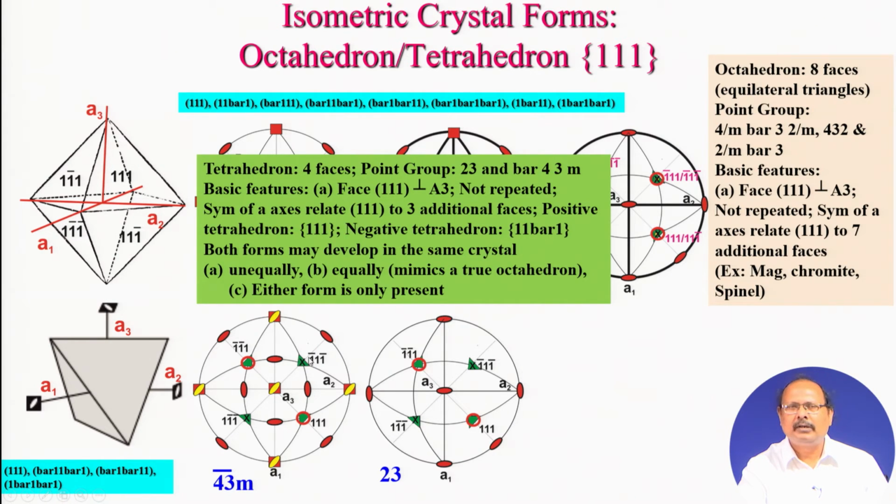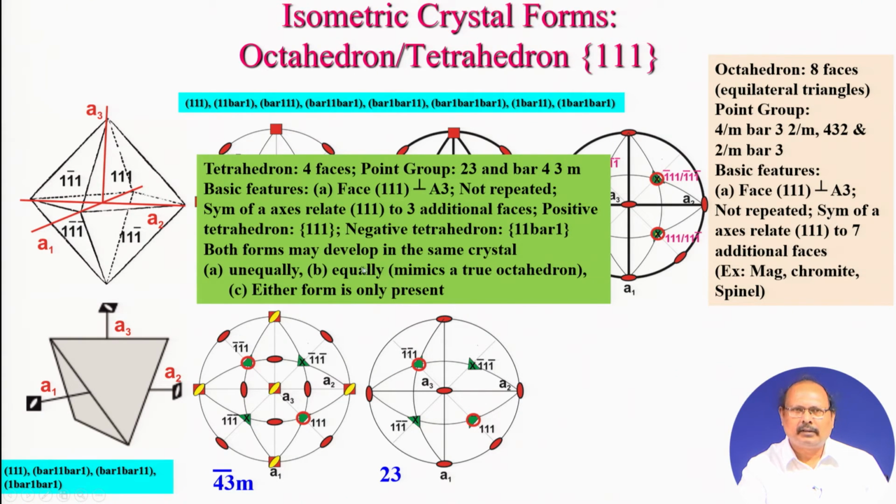This 4 faced form will also be a tetrahedron, but we will call it the negative tetrahedron, and both forms can develop in the same crystal. In the same crystal you can see both forms developed. Sometimes we see they are developed unequally. One type of form is developed in greater proportion compared to the other, that is very well developed, the other is less developed.